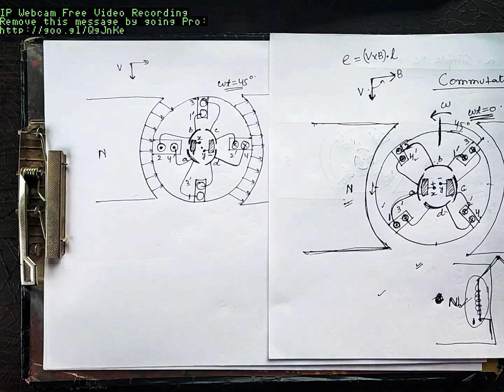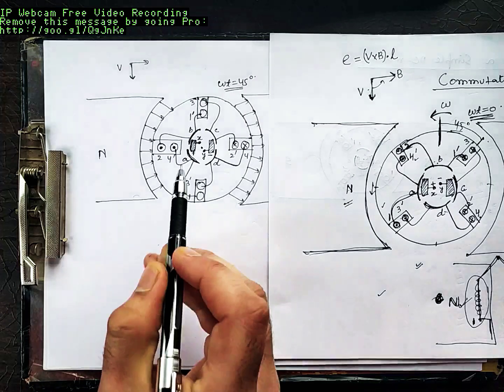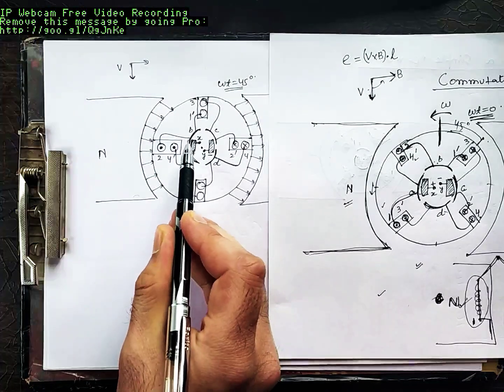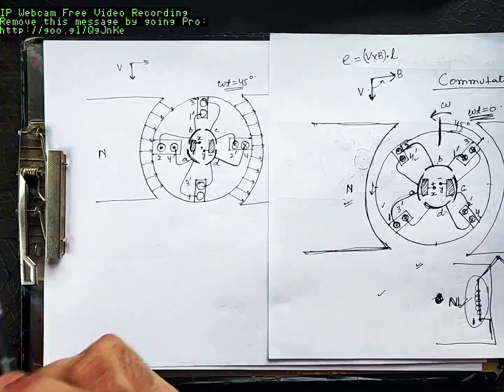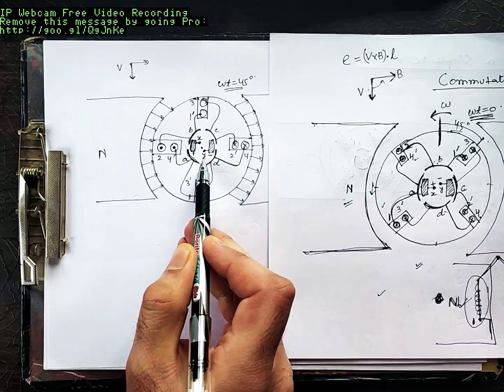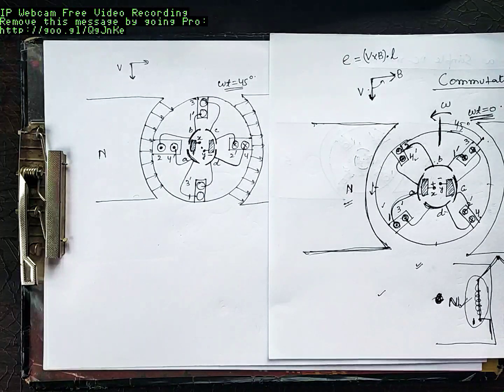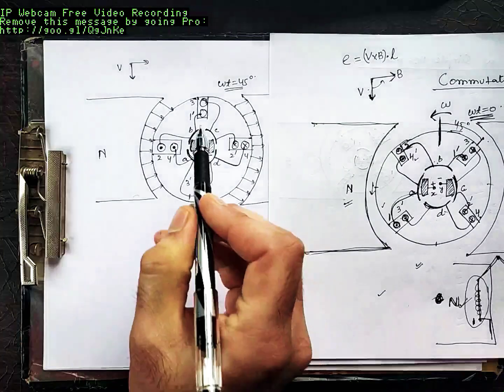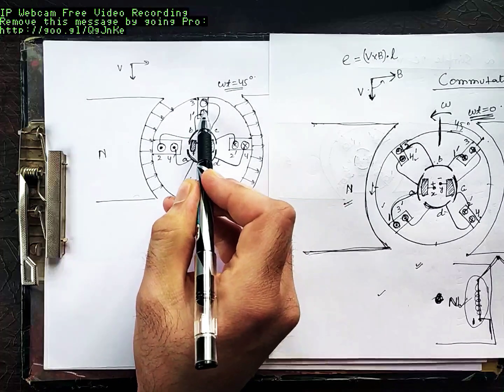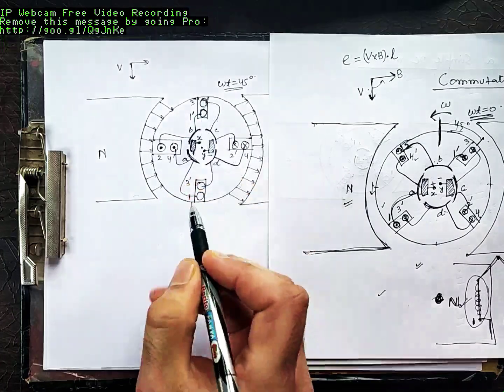As you can see from the figure, positive brush X is short circuiting commutator segments A and B, while negative brush Y is short circuiting commutator segments C and D. What is the voltage induced in coil sides 1 prime and 3, similarly in 1 and 3 prime?